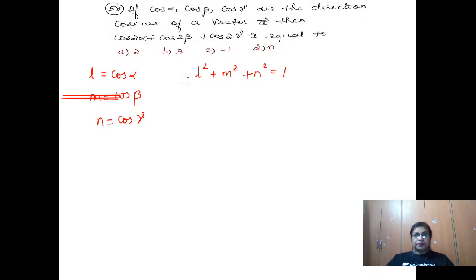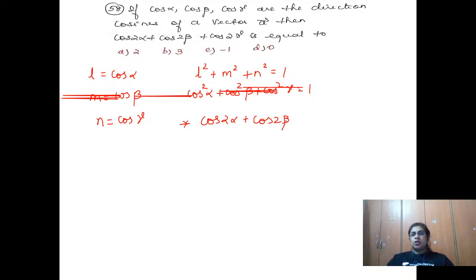So here L means cos alpha. So this will become cos square alpha plus cos square beta plus cos square gamma is equal to 1. Now you have to find the value of cos 2 alpha plus cos 2 beta plus cos 2 gamma.